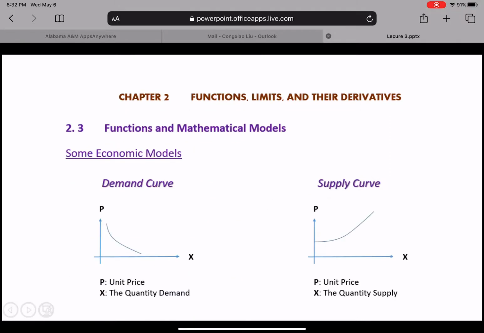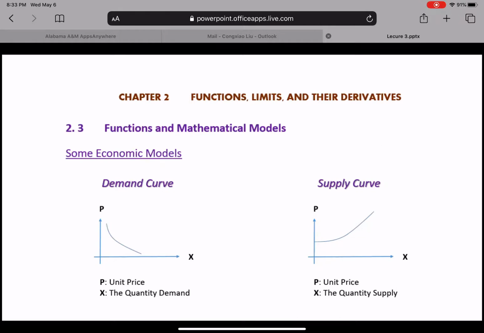Okay, so one of the important applications in real problems is the economic models. Since this is a course for applications of calculus in economics, finance, and managerial or life sciences, it's important to discuss economic models.